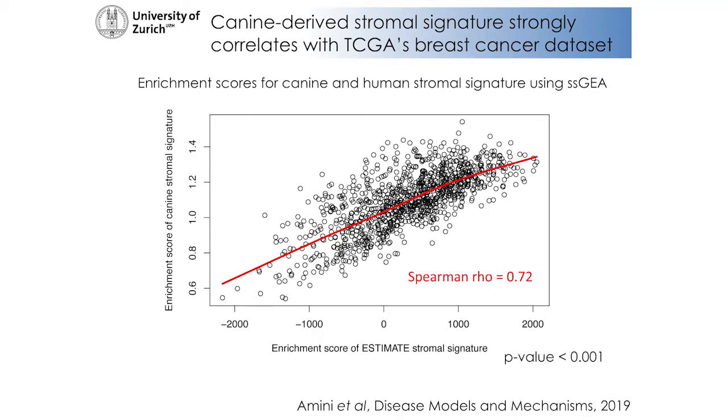When we now analyze enrichment of our canine-derived stromal signature on the y-axis in these samples, we can clearly see a positive correlation between the canine-derived stromal signature and the stromal content of human tumors. This further strengthens the notion that canine and human tumor stroma is very similar indeed.